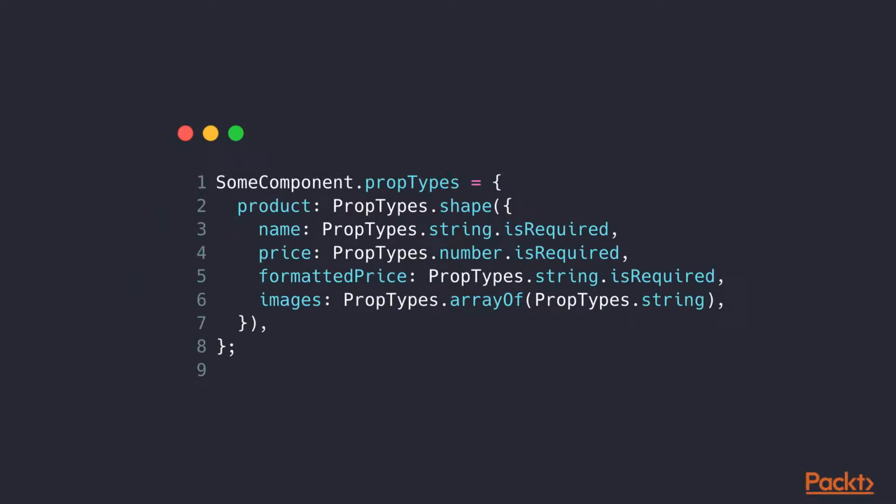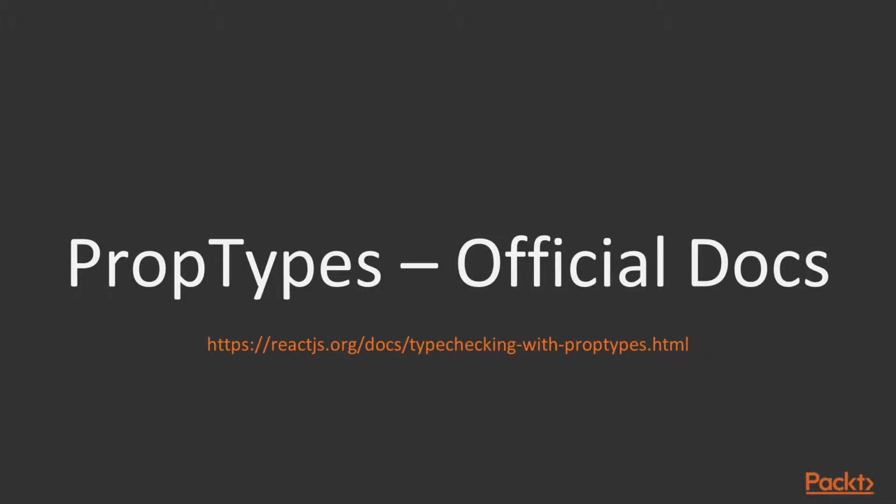Now, a shape is basically just a sub-schema for props that are objects. Here we see a prop called product that defines its own schema via PropTypes.shape. For more details on prop types and the full list of all supported operators, check out the official React docs.